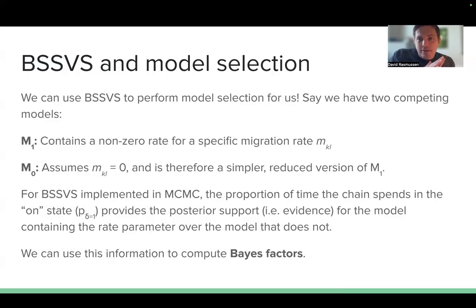And the nice thing about using these BSSVS methods to do model selection is that we can use MCMC to calculate our Bayes factors for us and see how much support or probability there is for a model that either does or does not contain a given migration rate parameter, which is the main way people have come to quantify how much support there is for the inferred migration rates that people estimate from these phylogeographic models.